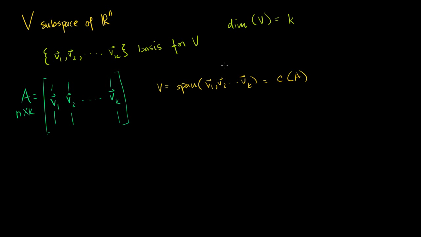Now, I said a little while ago, we want to somehow relate to the orthogonal complement of V. Well, what's the orthogonal complement of the column space of A?